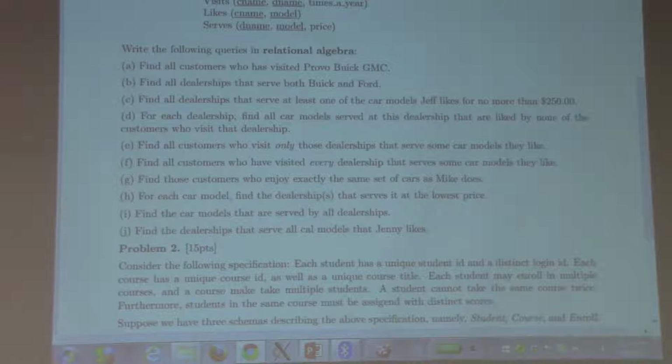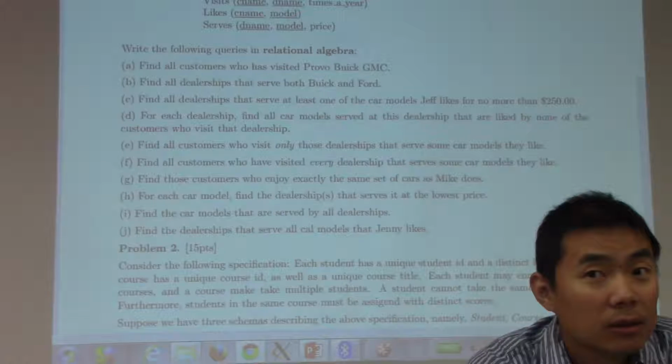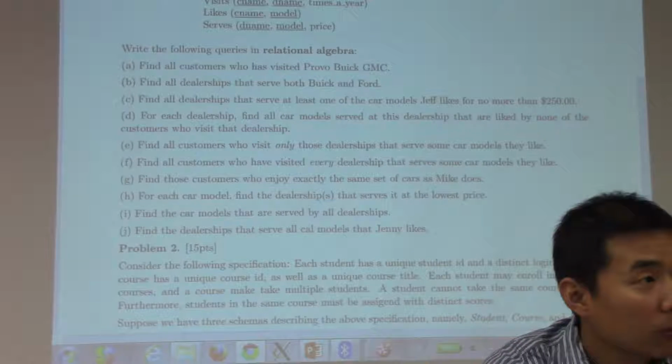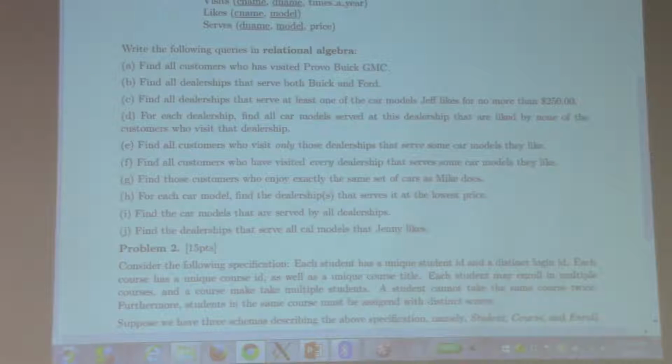But that's not good enough, because among these customers, they may visit additional dealerships that serve none of the cars he or she likes. So if you're able to find these two sets and do a set difference of the two, you get the customers who visit only those dealerships that serve some car he or she likes. You follow my argument? Okay? That's what the solution is trying to do.